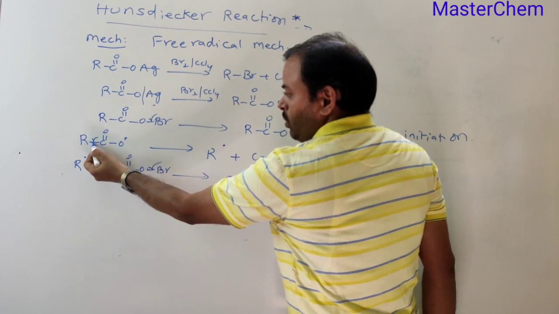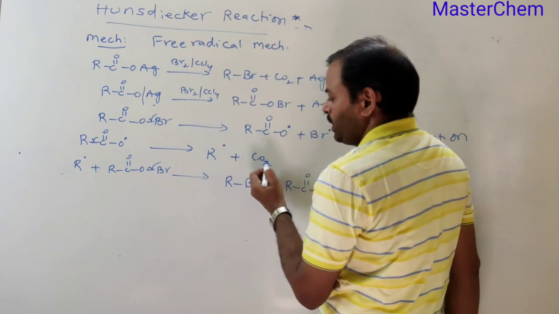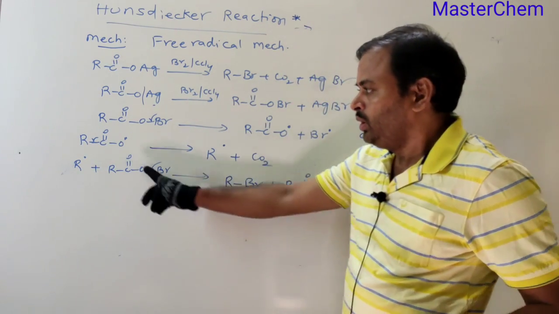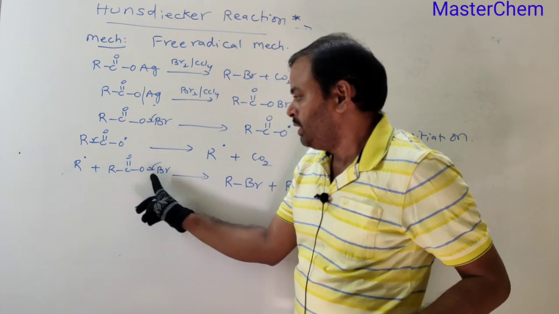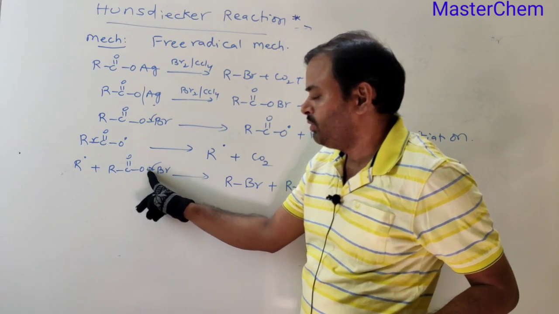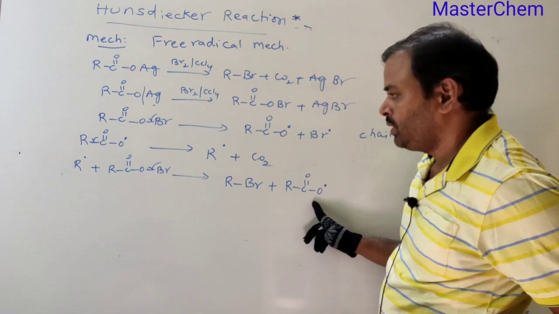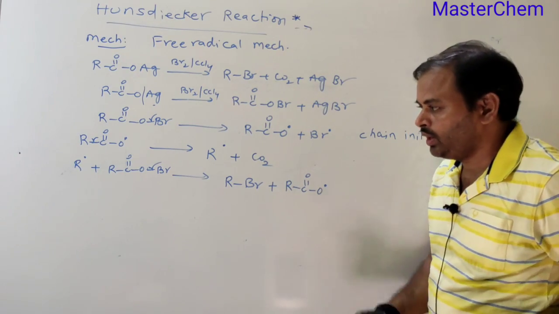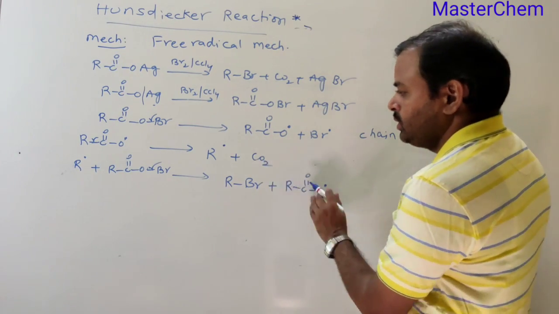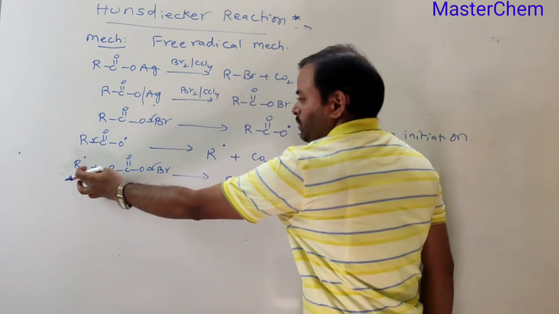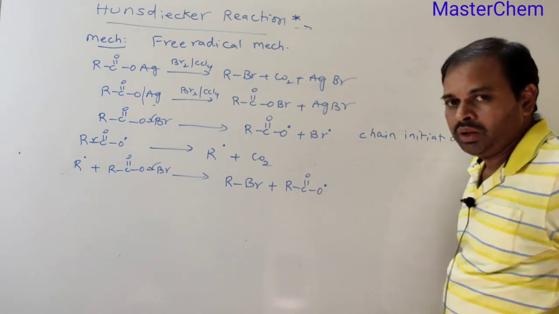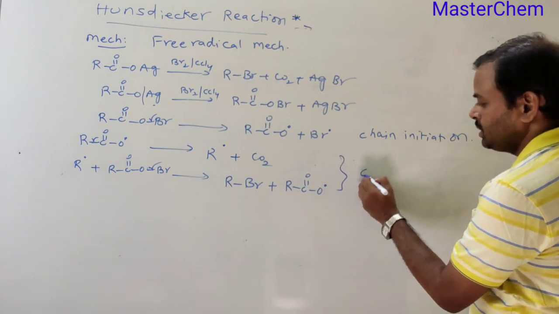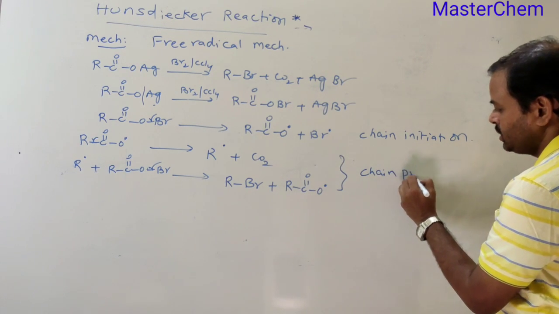With homolytic cleavage, R radical and CO2. Then the so-formed Br radical combines with R radical to form RBr. So these steps are chain propagation steps.